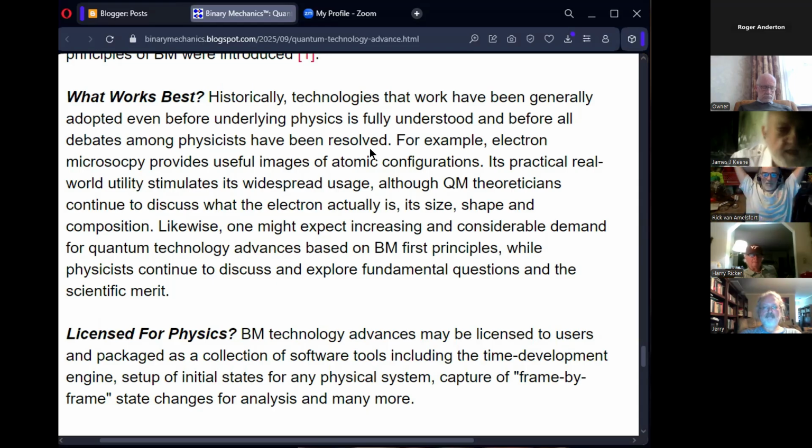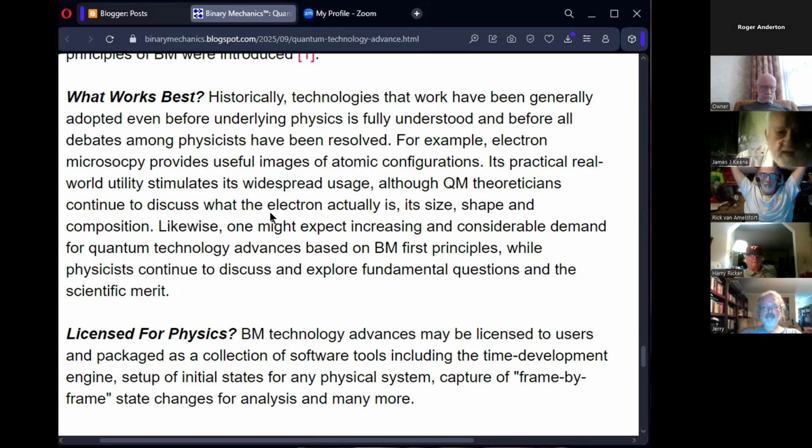For example, electron microscopy provides useful images of atomic configurations. Solid state people love electron microscopy to show how the atoms are organized structurally in solid materials and other materials. Its practical real-world utility stimulates its widespread usage.